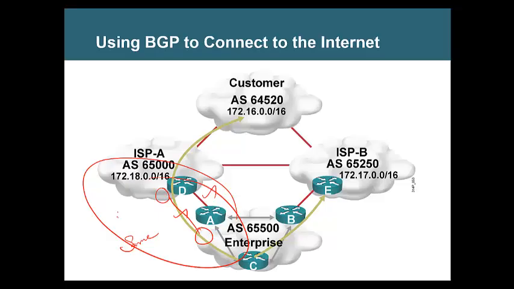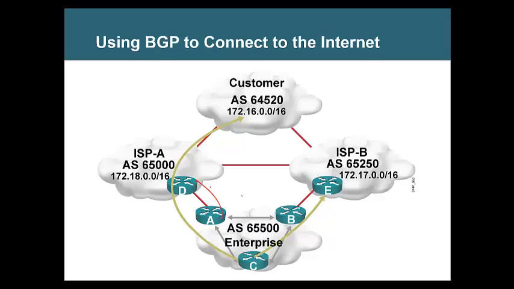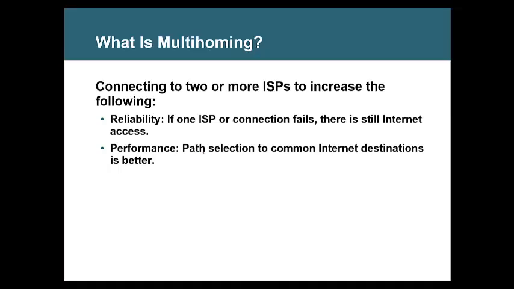Whereas when you connect to different ISPs, different autonomous systems, this is 65250, this is 65000, totally two different autonomous systems. This is multi-homing. BGP is used both in dual homing as well as in multi-homing scenarios.